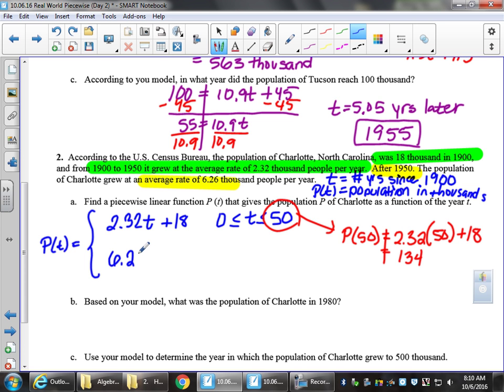I know that's my rate, but in terms of time, we have to account for how many years? 50. So this is going to become 6.26. Good. There we go. Go for it.